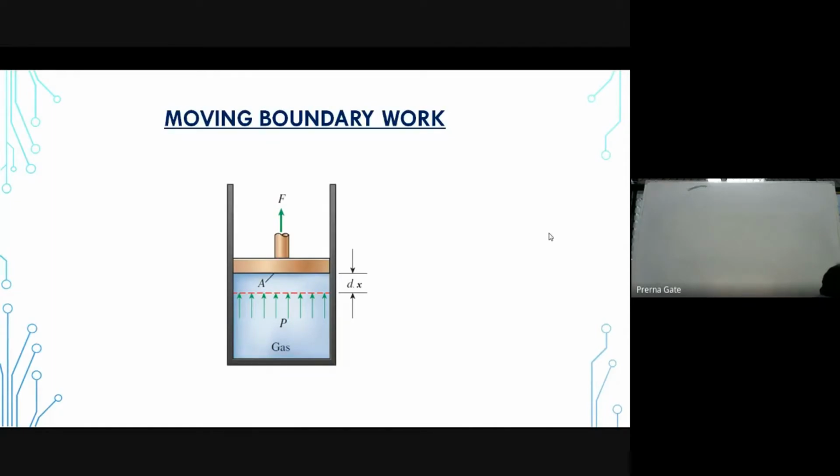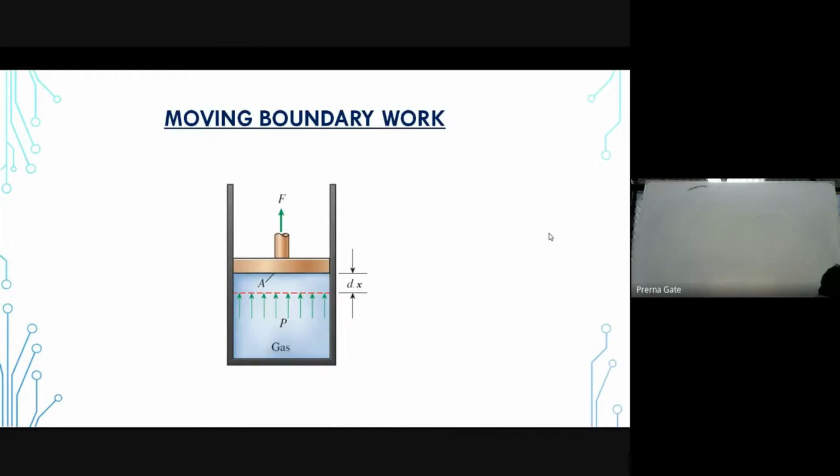On the screen you can see a piston cylinder arrangement, and our system is the gas which is filled inside the cylinder. I will derive the equation for moving boundary work in a quasi static process.